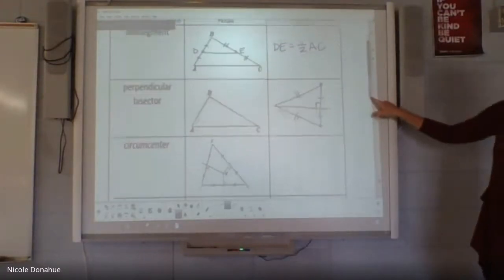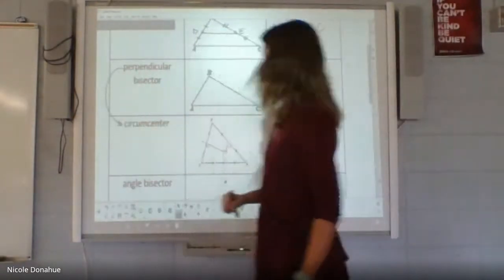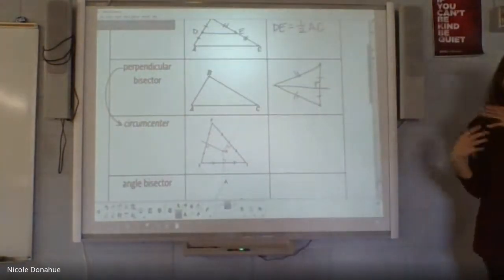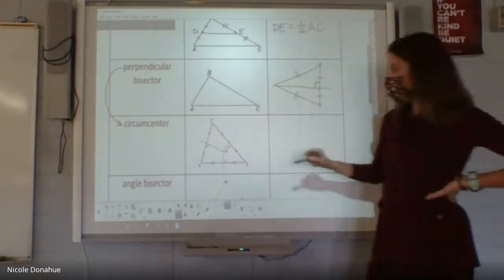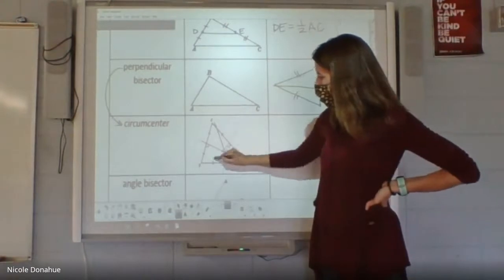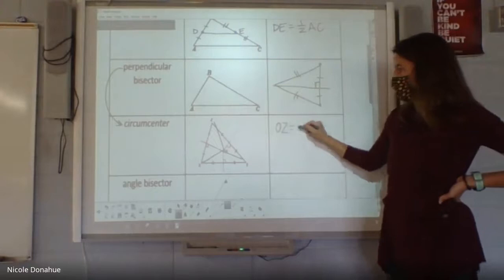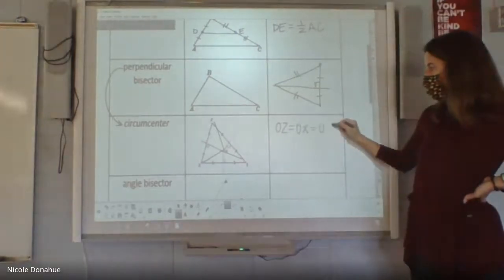Now perpendicular bisector and circumcenter go together. So this makes that. Those two are written together intentionally. This is the one where the distance from the center back to all the vertices is the same. So OZ equals OX equals OY.